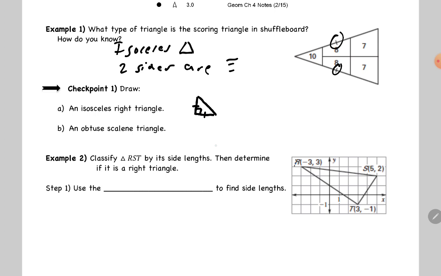An obtuse scalene triangle would be something like that. 6, 12, or maybe 9. It doesn't have to be that accurate. And then this angle here is, I don't know, 122. Something bigger than 90, but less than 180.